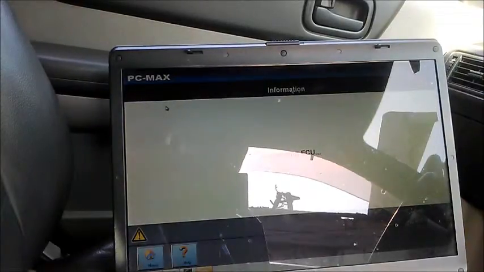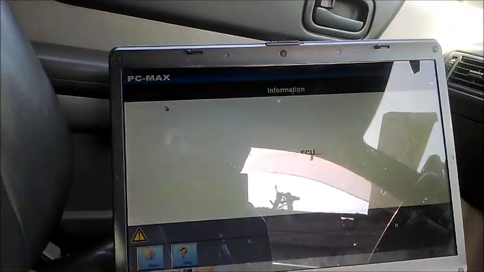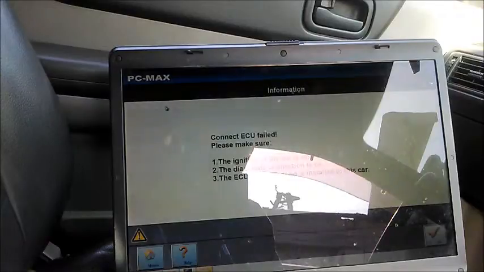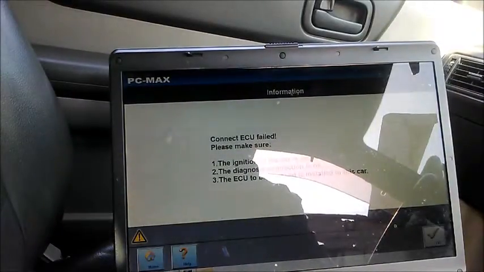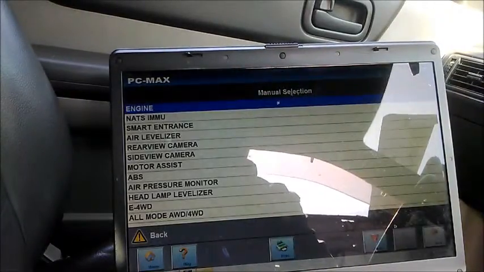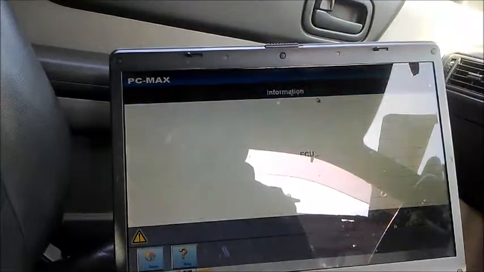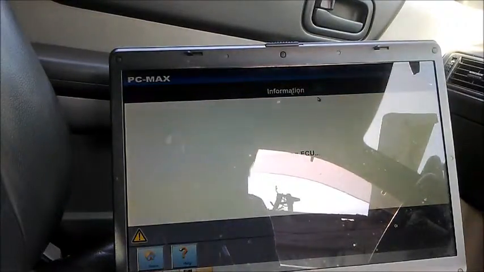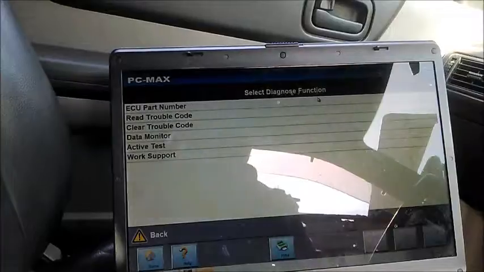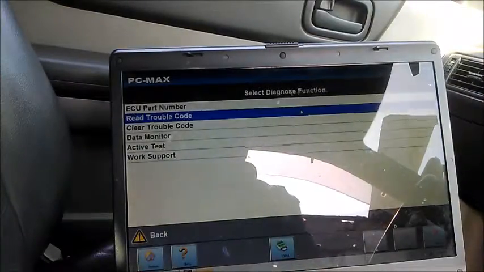Cranks and starts fine. This ECM is taking a long time connecting. I'm thinking I tried to get into the ECM before the key was on. That's why it is giving me that fault message. Let me try it again now that the engine is running. See, it comes right up.